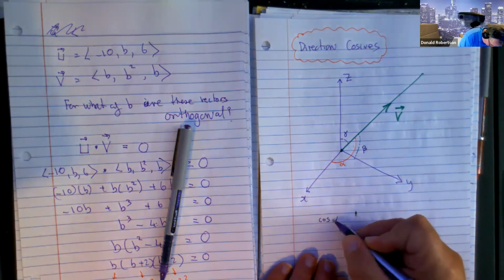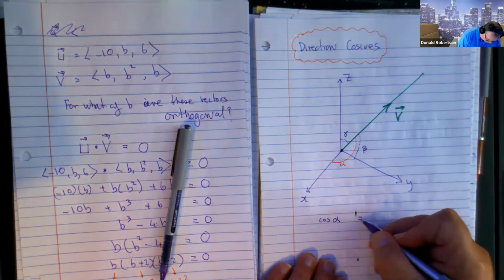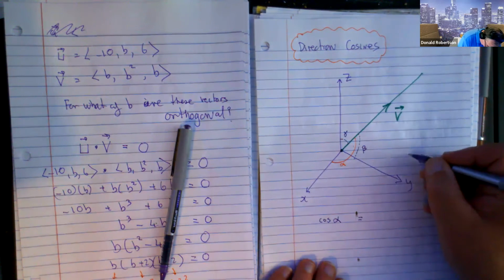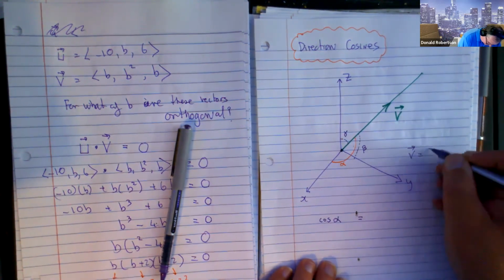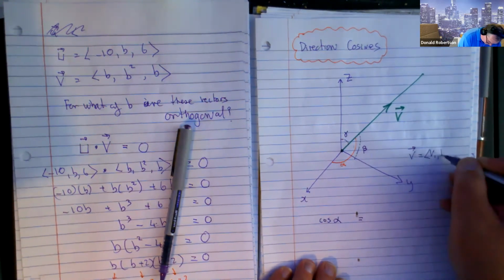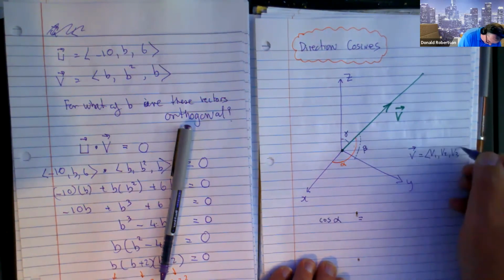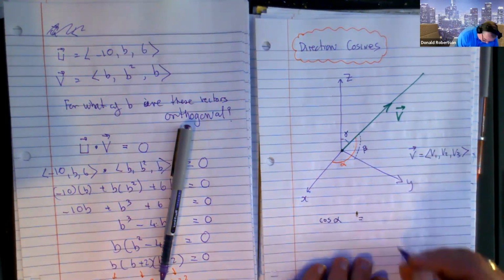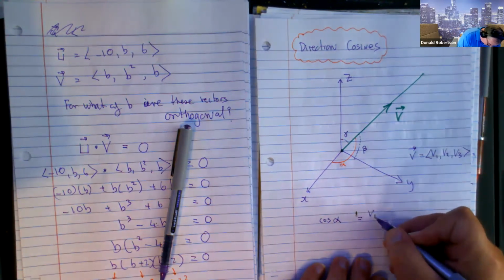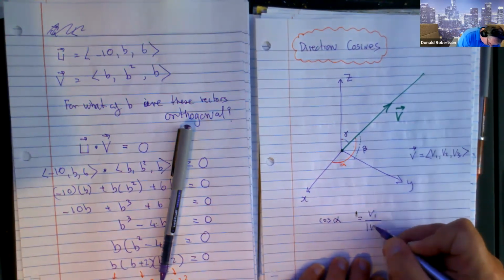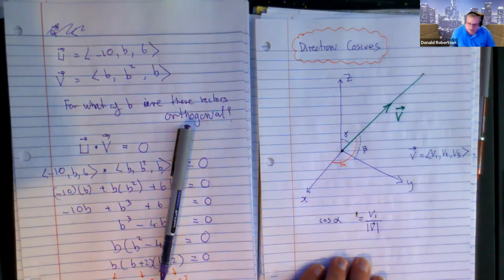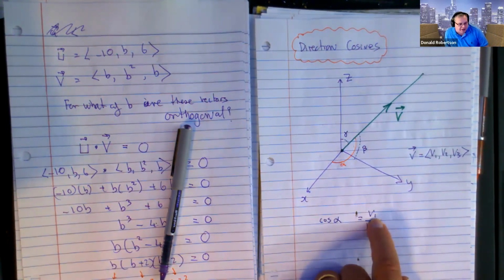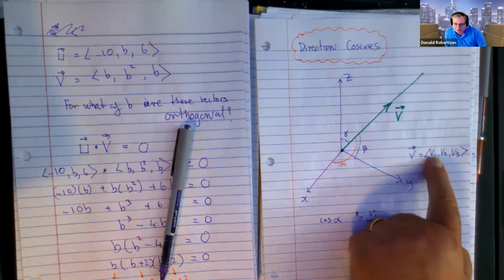The cosine of alpha is equal, oh, first I've got to tell you who V is. V is V1, V2, V3, right? I'm just giving you a generic version, right? Cosine of alpha is V1 over the magnitude of V. Now notice V1 doesn't have any arrow above it, because isn't V1 just a scalar, right?